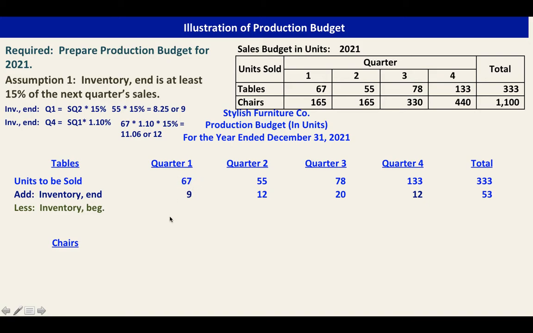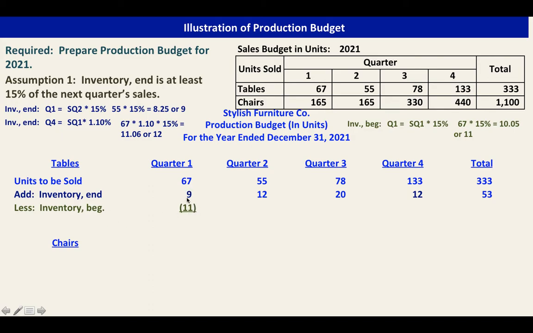So here, our beginning for quarter 1 will be 15% of 67. Quarter 1 will be the sale on quarter 1 times 15%. That will give you 10.5 or 11. Okay, so that will be your beginning.